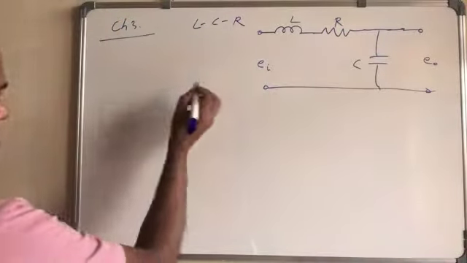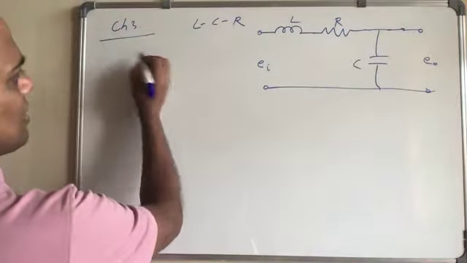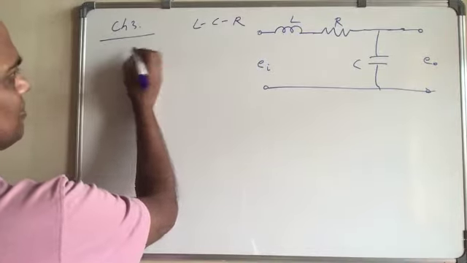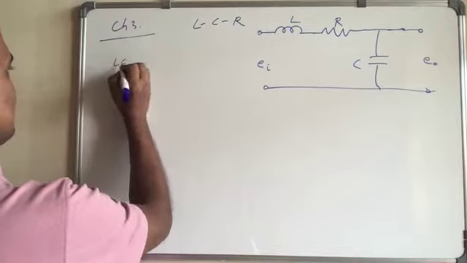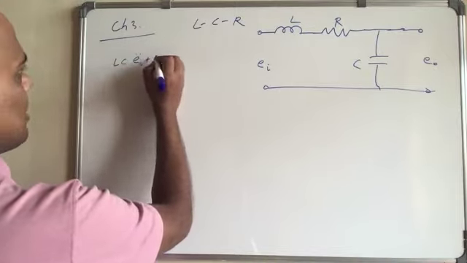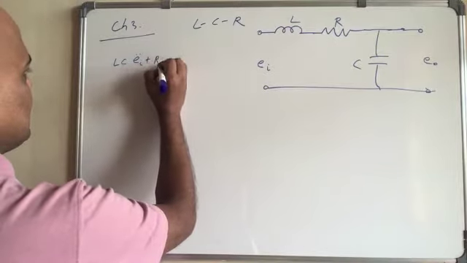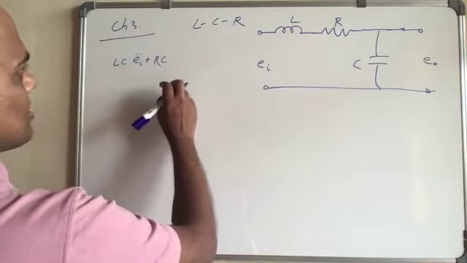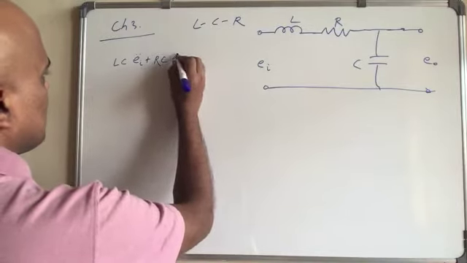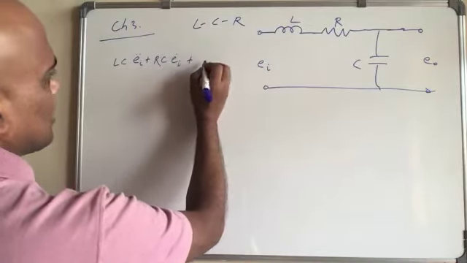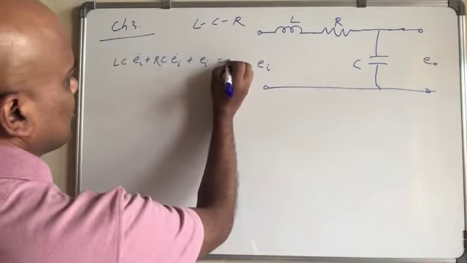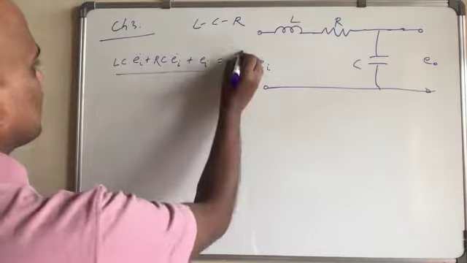We found out the equation basically. The equation was something like this: LC EI double dot plus RC EI dot plus EI equal to EO.